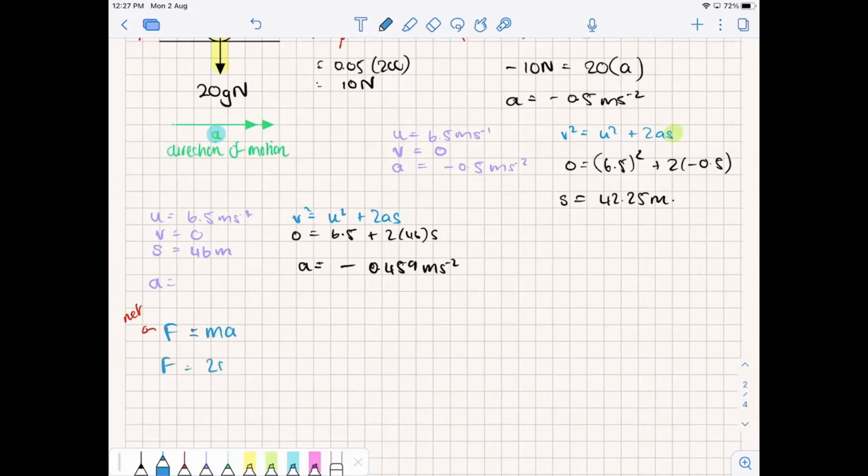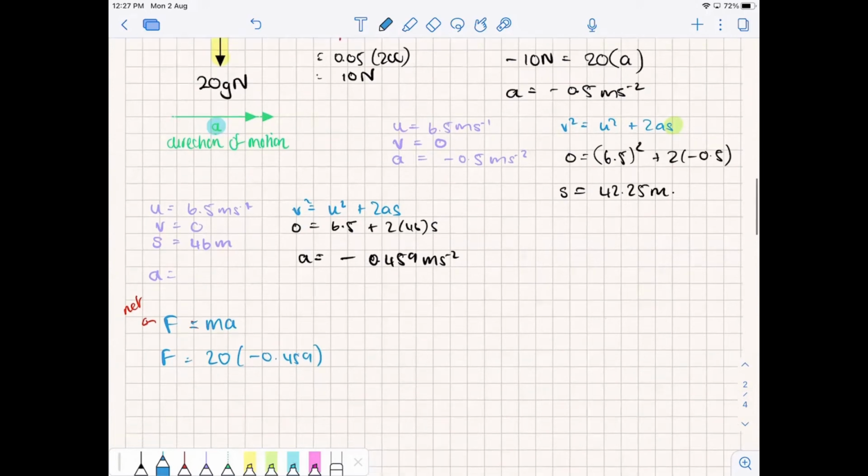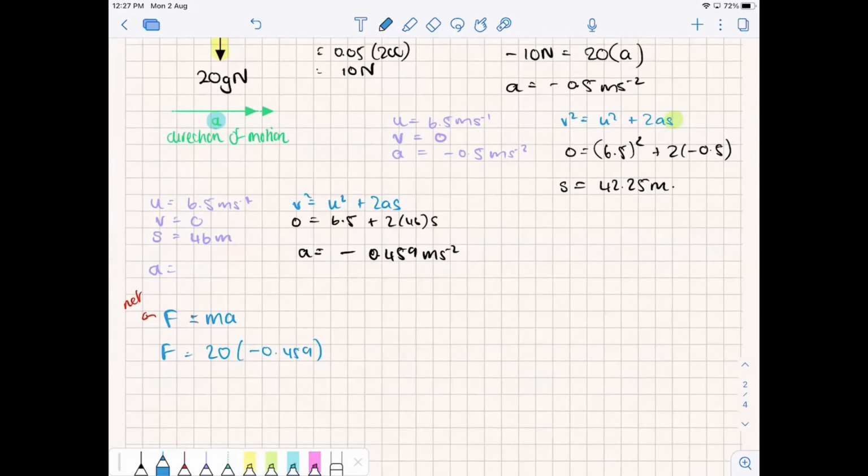The mass of the object is 20 kilograms, and our acceleration is minus 0.459 meters per second squared.